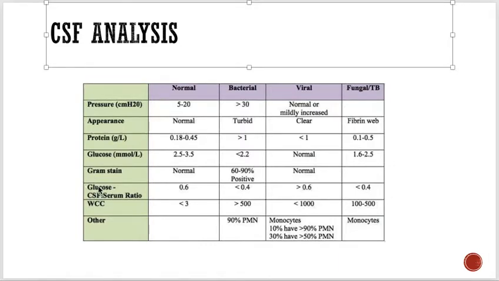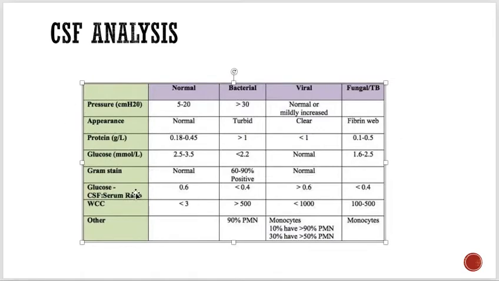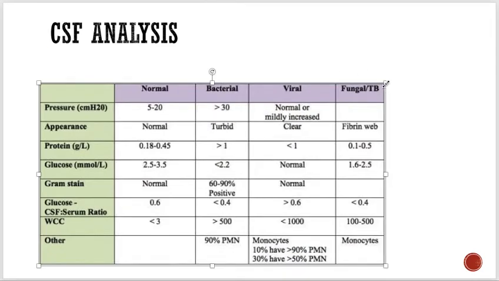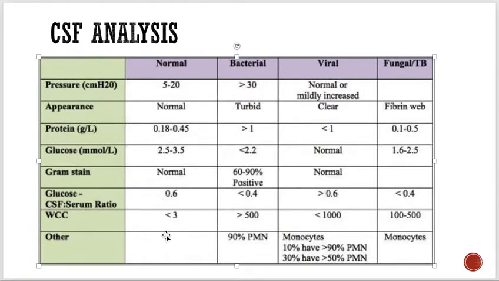We can check the ratio of glucose in the CSF compared with the serum, check the white blood cell count, do microscopy, and other tests as well. Here you can see normal CSF and how it appears in bacterial, viral, or TB infection, for example bacterial meningitis or viral meningitis, and not just these conditions.